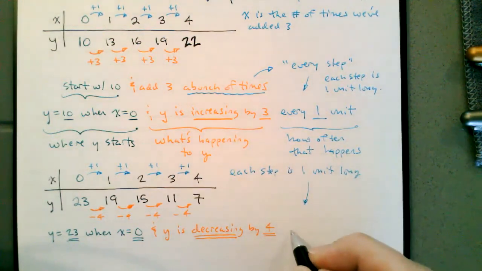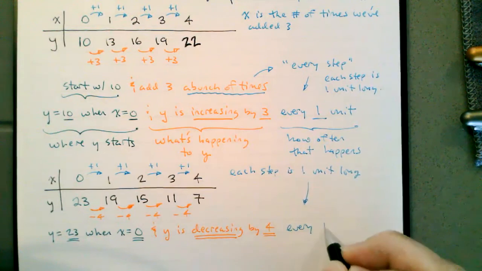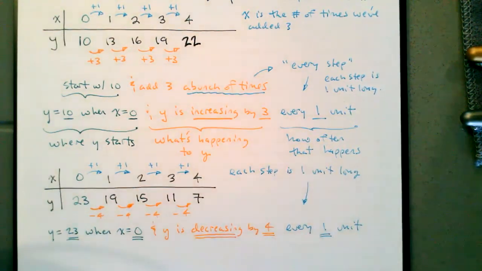So we'll say decreasing by 4 every 1 unit. So here's a sentence describing what's going on in this pattern. Y is 23 when x is 0, and y is decreasing by 4 every 1 unit. That's how we could describe what's going on in this pattern in words.